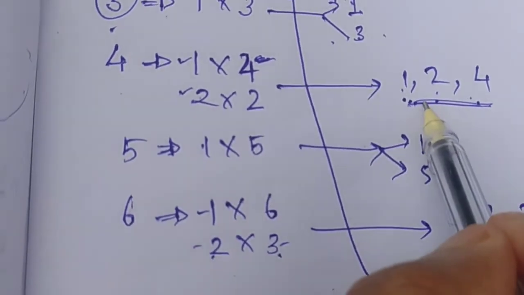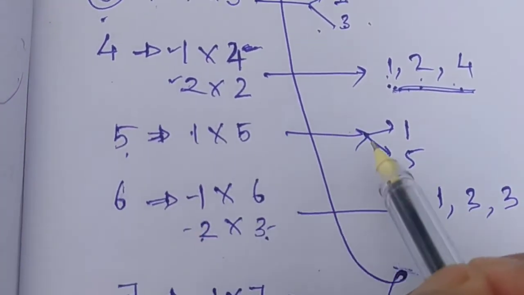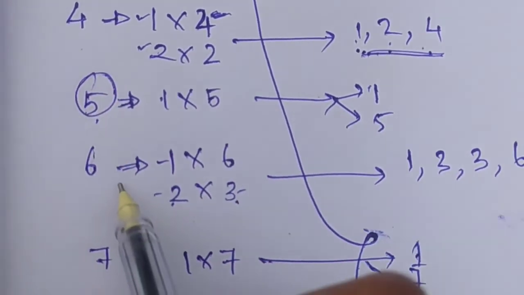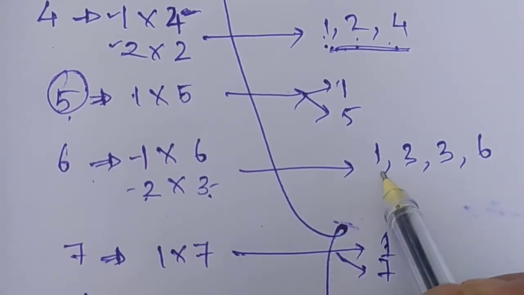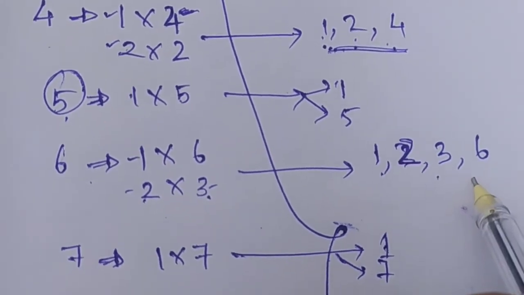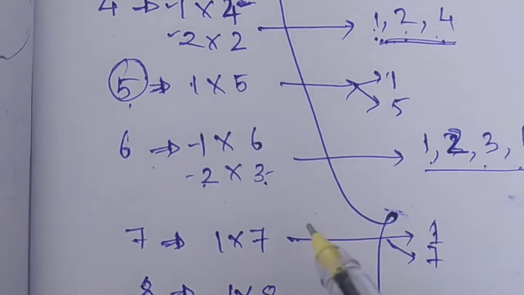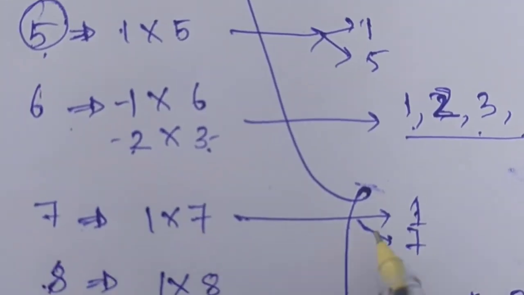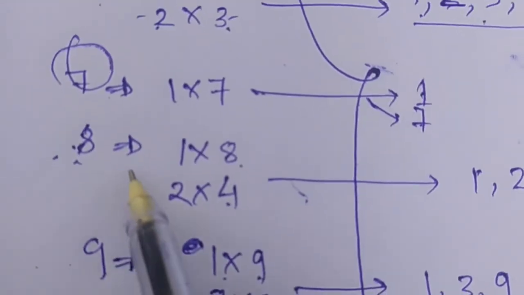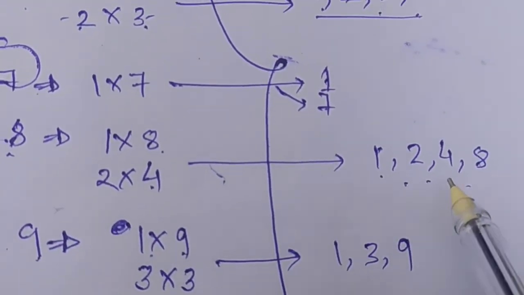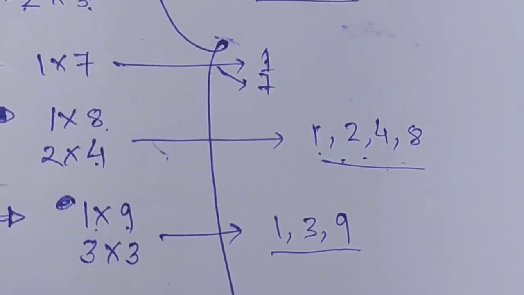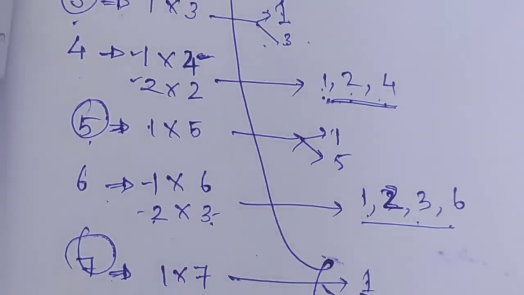So this is not a prime number. 5 has 1 and itself, therefore it is a prime number. 6 has 1, 2, 3 and 6, therefore it is not a prime number. Let's go to 7. 1 and 7, therefore this is also a prime number. 8 has 1, 2, 4, 8, so it cannot be a prime number. 9 also cannot be a prime number, and 10 also cannot be a prime number.